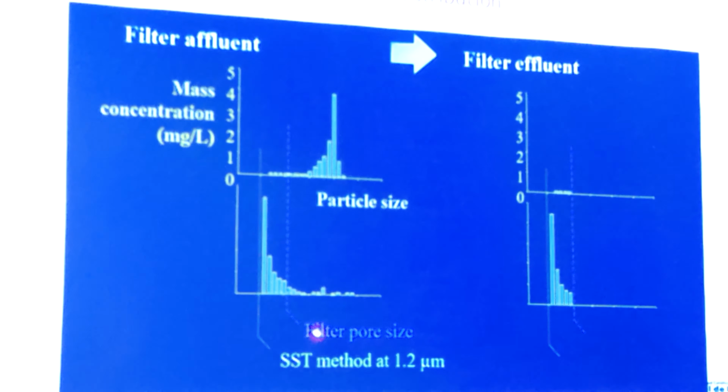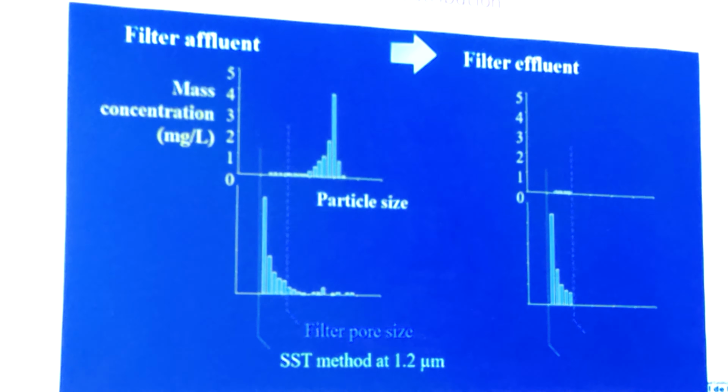If you choose a given screen filter with a given pore size, then one effluent will be releasing that kind of solid, but in the other effluent tank, you will have that release of solids. I mean, in one system you will be catching most of the solids, but in the other system most of the solids will be given out. So how do you know that? How can you make a good selection?